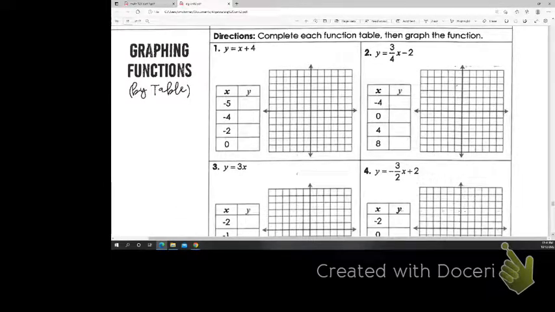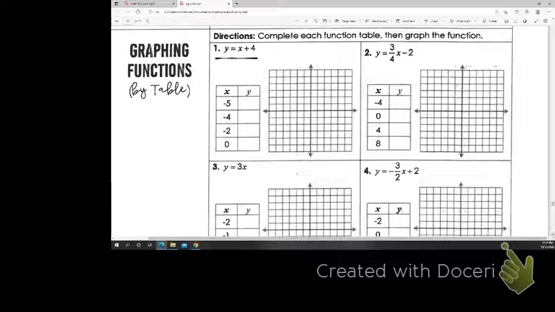So when we're graphing these function tables, first, the x's are all the numbers we are putting into the function. For some of these, you may be able to do it in your head. For some, they may be a little more work. You may want a calculator or a piece of paper, but this is what is happening.